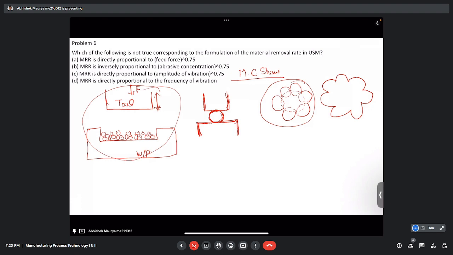For modeling purposes, he assumed the shape something like this. There is a sphere over which small spheres are projected.